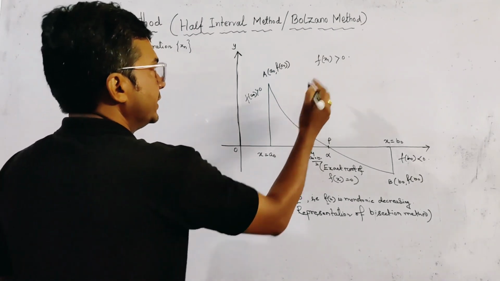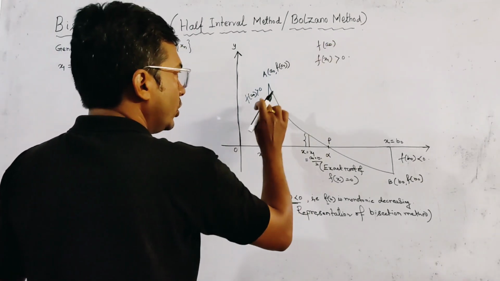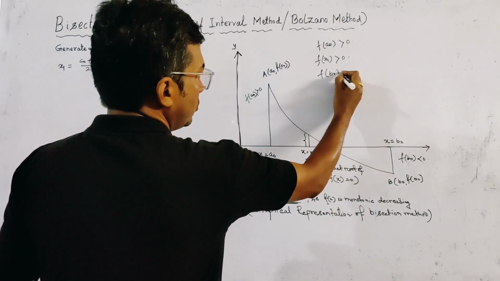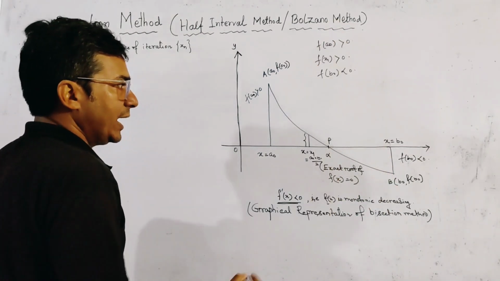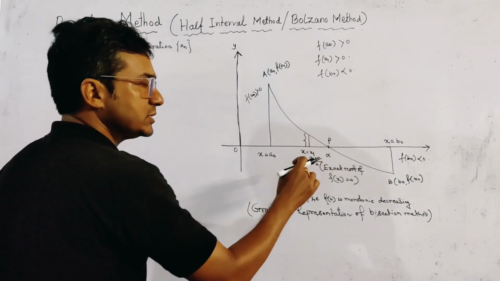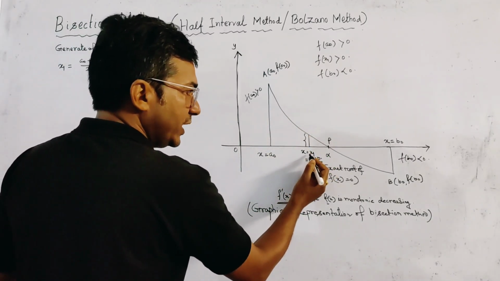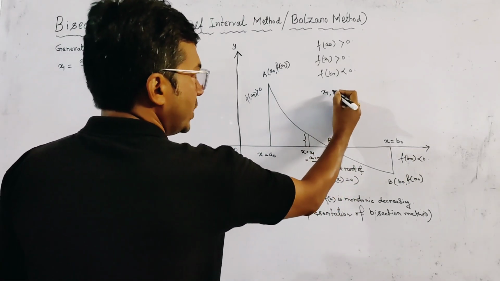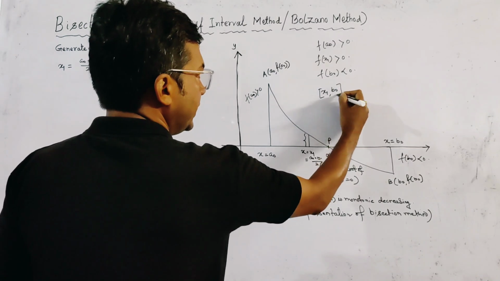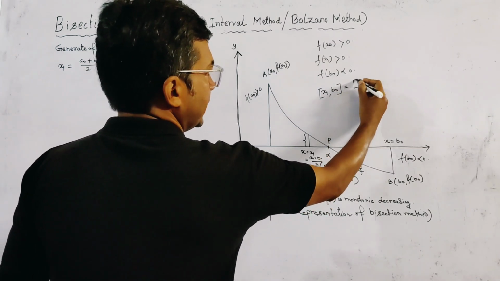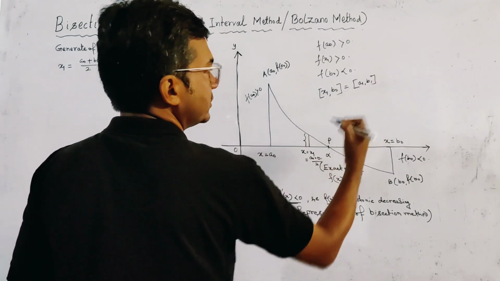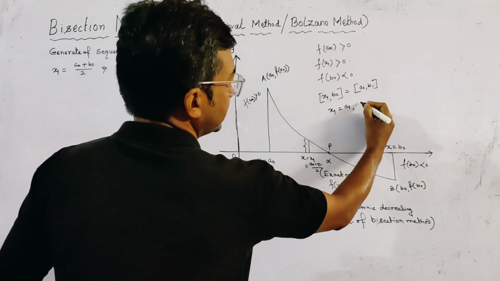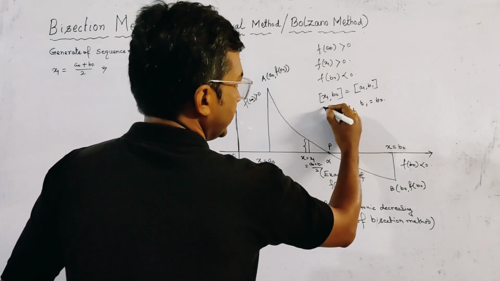Since f(a0) is greater than 0 and f(b0) is less than 0, the real root alpha clearly lies between x1 and b0. We rename the interval [x1, b0] as [a1, b1], so a1 = x1 and b1 = b0.